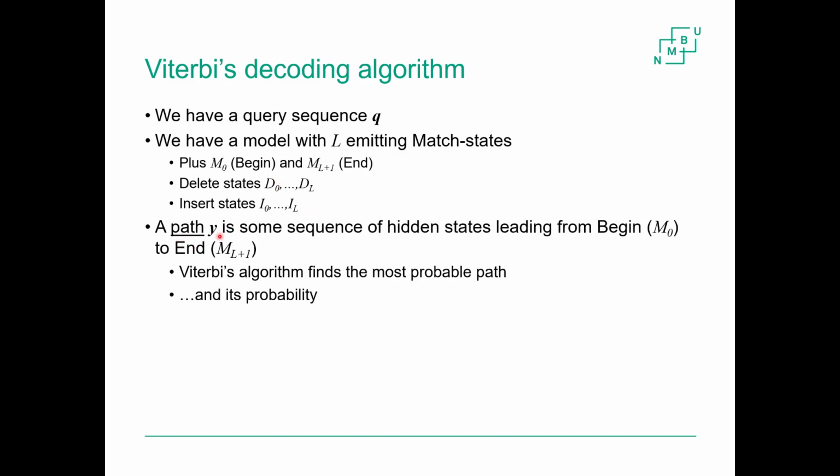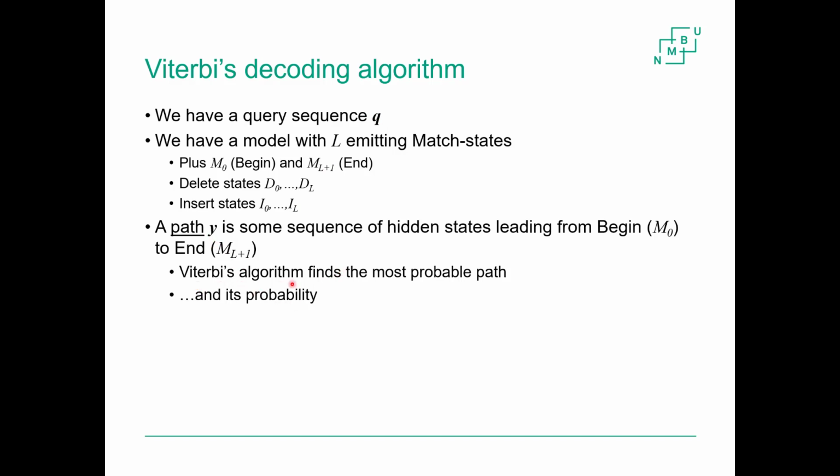Then a path Y is defined as a sequence of hidden states that we visit leading from begin to end, right? So we know there is a possibility of moving from begin to end through the hidden states. And the path is actually the sequence of hidden states that we visit. So it's not the same as the biological sequence, right? That's the observed DNA or protein sequence, but this is something else. This is a series, you could say, of the hidden states that we visit.